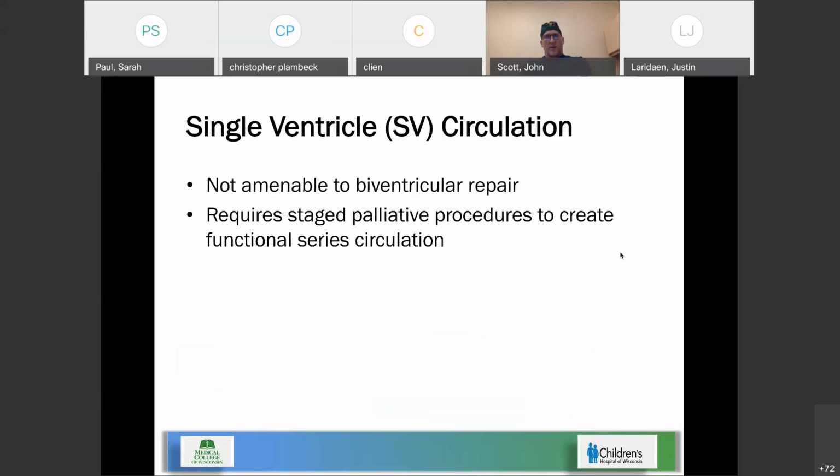So single ventricle circulation, what does this all mean? Single ventricle is where you have hypoplasia of one of the outflow tracts of the heart, either the right side or left side. It's not amenable to biventricular repair, and it requires staged palliative procedures to create a functional series circulation from essentially a parallel circuit.